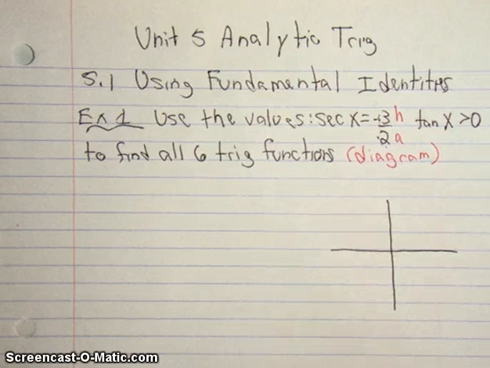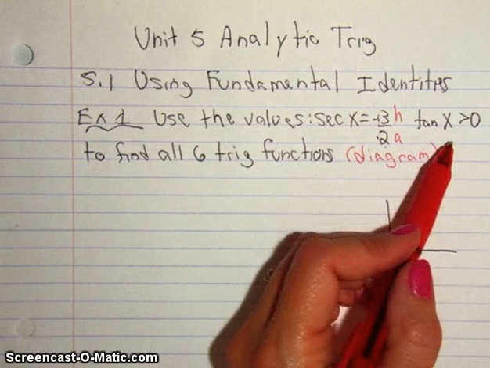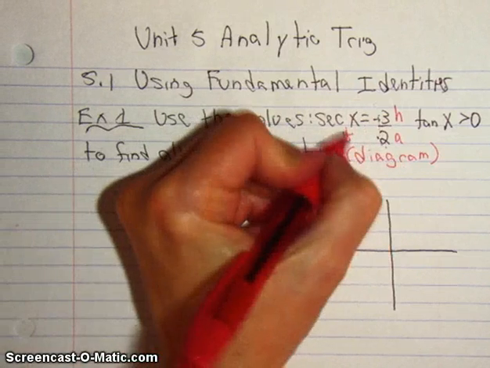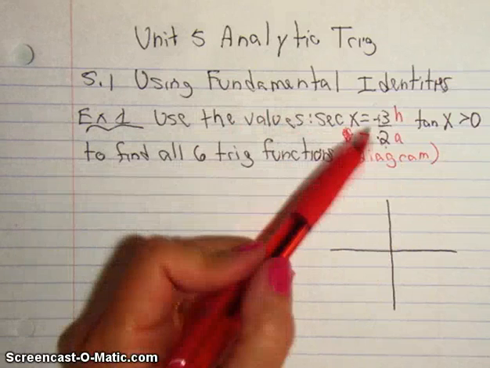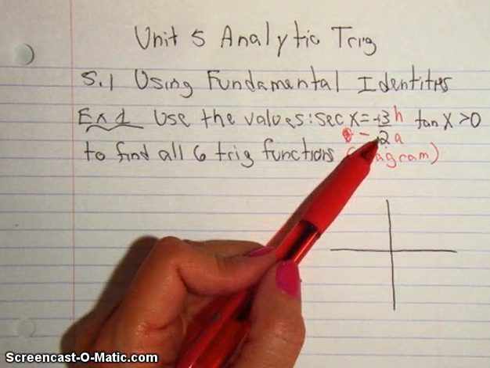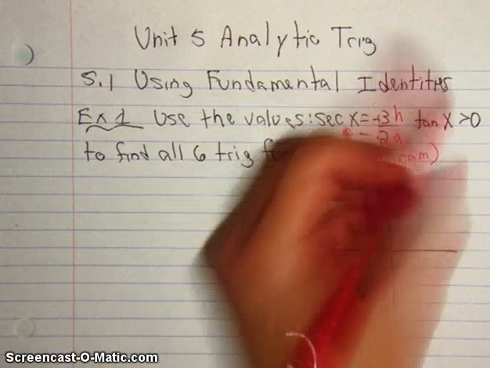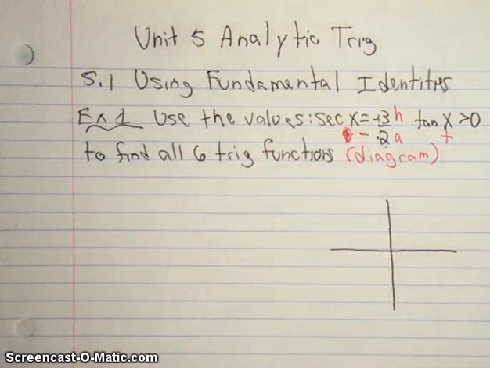Here's some more information that we can take from the given. We can say that secant and cosine are negative, because this is -3/2. And we can say that tangent is positive.